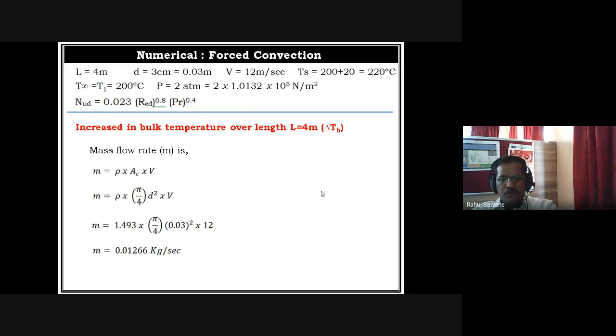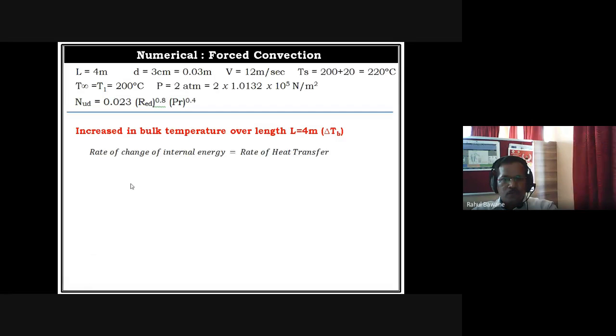Now we know the mass flow rate. So the rate of change of internal energy of that air must be equal to the rate of heat transfer. The rate of change of internal energy is m Cp delta T, but here delta T of the bulk air. So m Cp delta T bulk equals the rate of heat transfer. Q by L per unit length we calculated in the first part, and they provide a 4 meter length, so Q by L multiplied by the length, 4 meter.